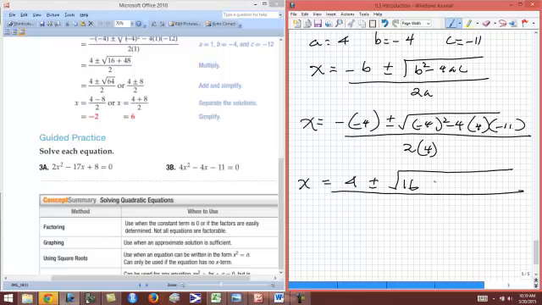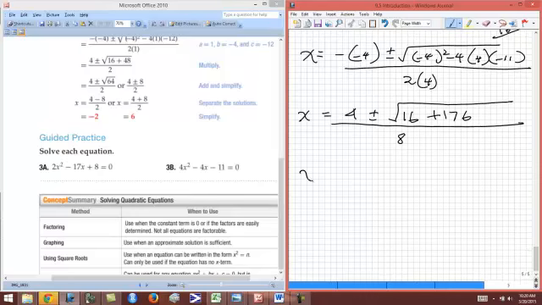I'm going to work that out and double check that. 16, let's do 16 times 11. We got 176. That's right. Over 8. Okay. So x equals 4 plus or minus the square root of 192 over 8.